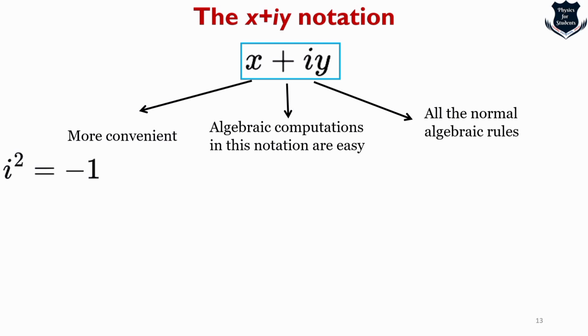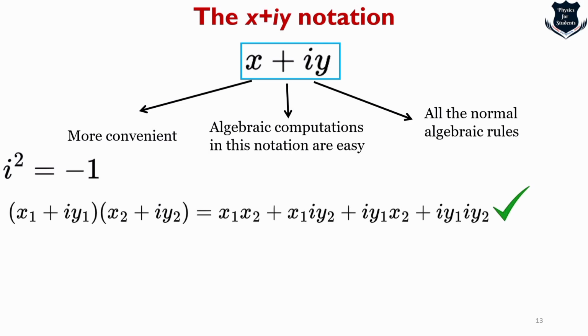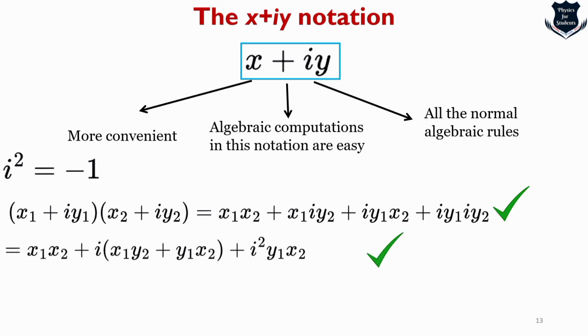So now the thing is that we use all the algebraic rules plus the rule i square equals to minus 1. So in order to multiply, we work out this one, right? This works out if we use i square equals to minus 1, and this one also works out, right?